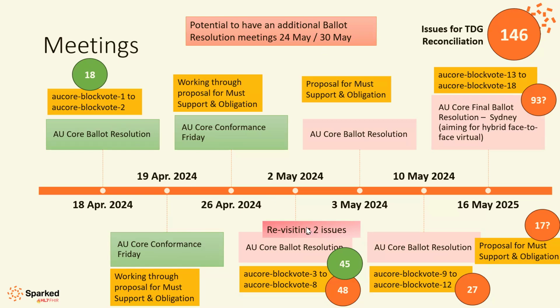And we're on to today, our second dedicated ballot meeting, where we're talking through the results of block votes 3 to 8. 45 of those issues have been approved and 3 have been referred to telecom. And so we're intending to discuss and approve those in this meeting. And then we've got the next couple of meetings, but I'll talk about those at the end of this one, to talk about what is happening in our next few meetings before we get to our face-to-face hybrid day on May 16.